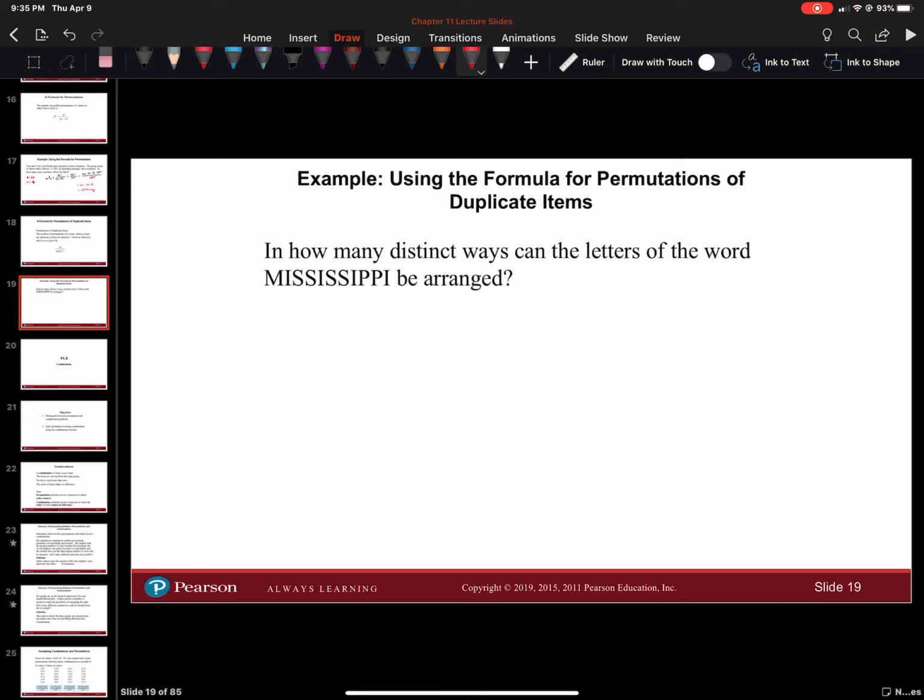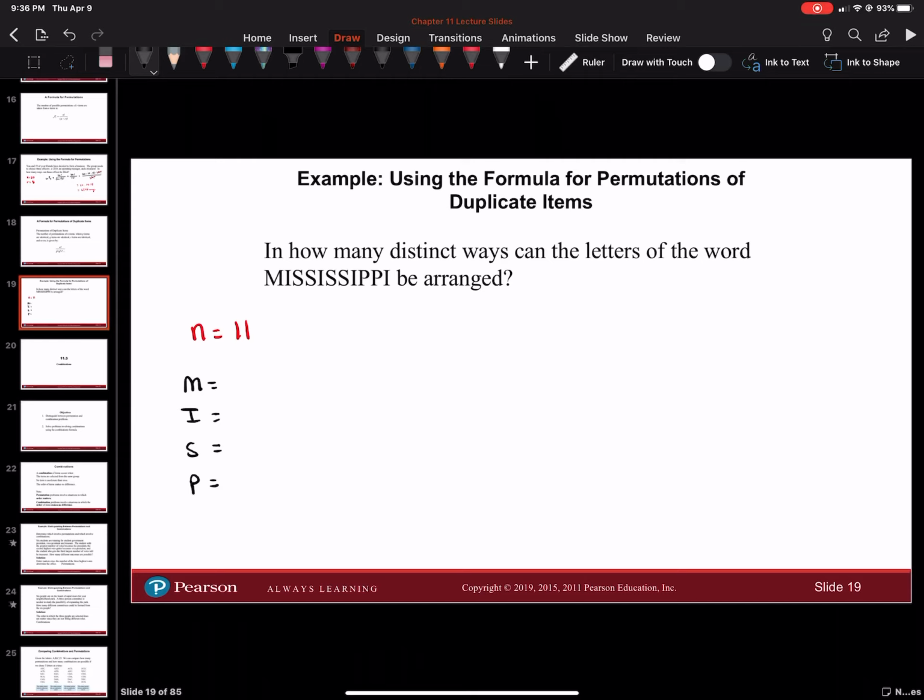The next example says: how many distinct ways can the letters of the word Mississippi be arranged? First thing you have to do is count the number of letters in Mississippi, and you should get N is equal to 11. What I like to do is I have M, I, S, and P. That's all I have.